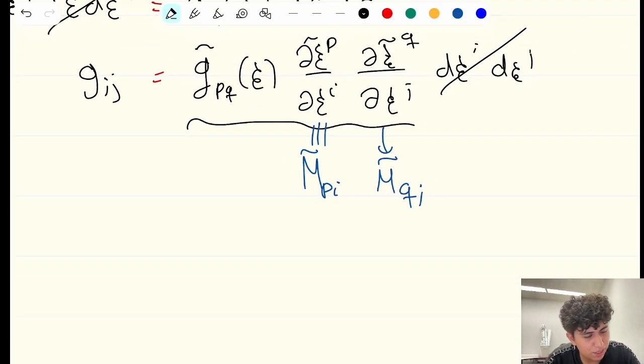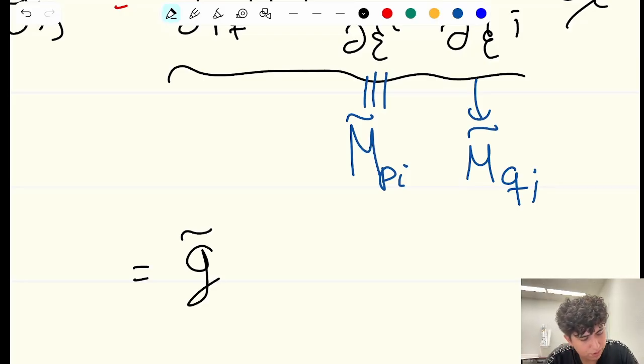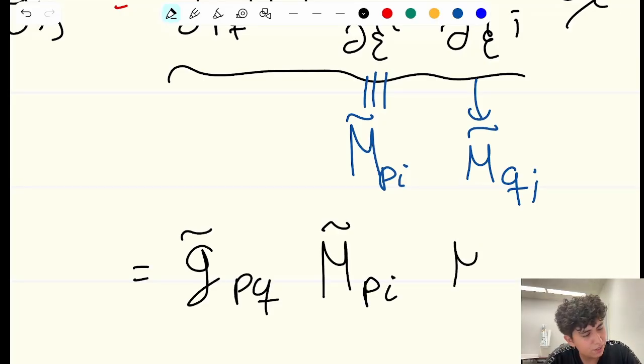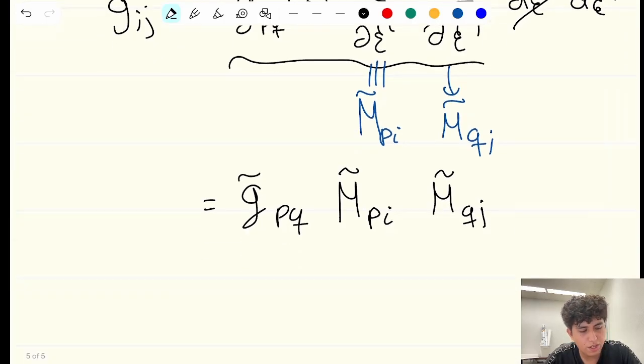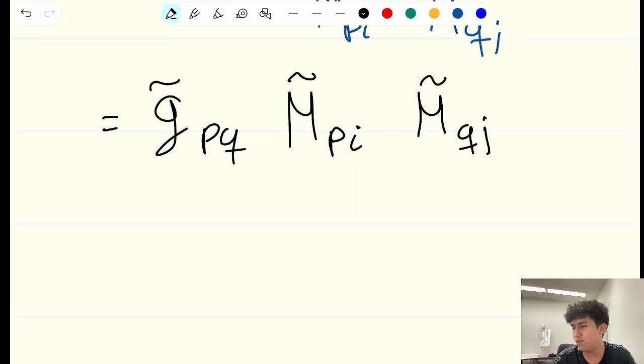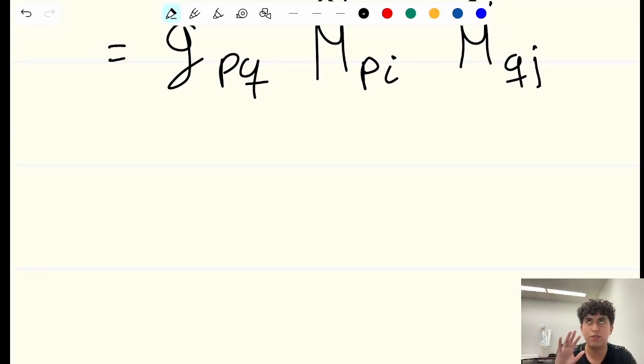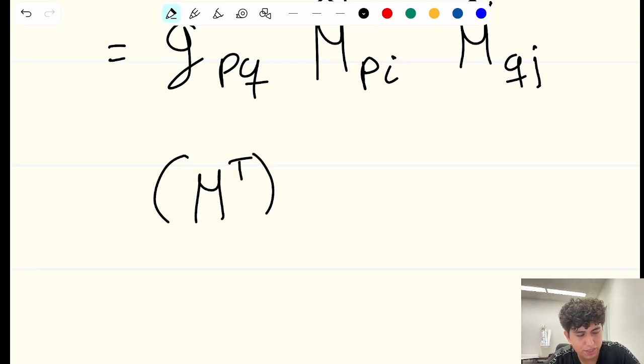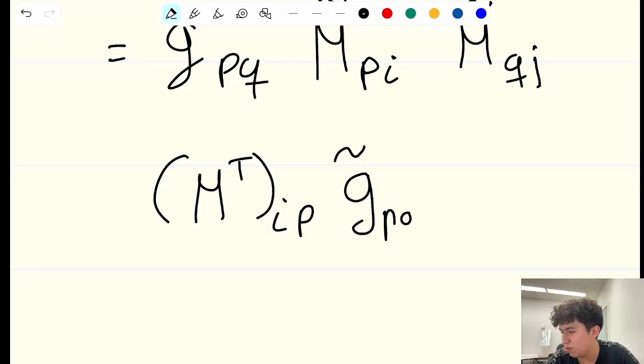Then we can write this like this. And if you remember from linear algebra, if you swap two indices, you're taking the transpose of the matrix. So we can also write this in this way, and it's going to be very clear why we're writing it this way.